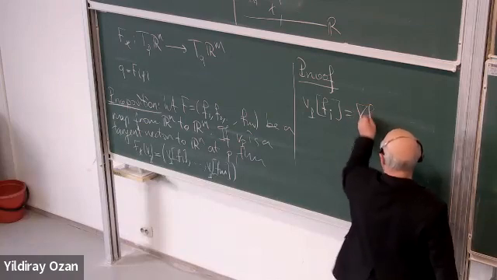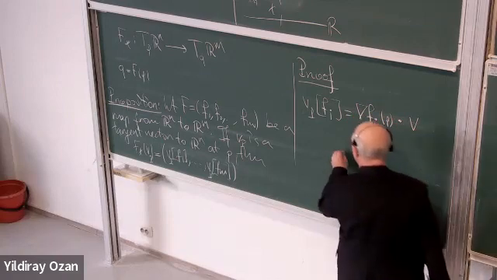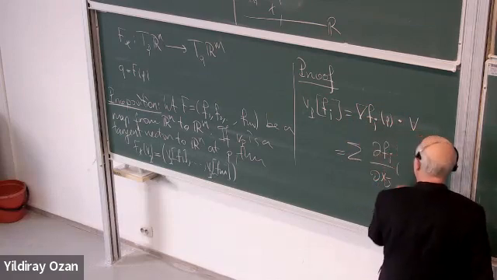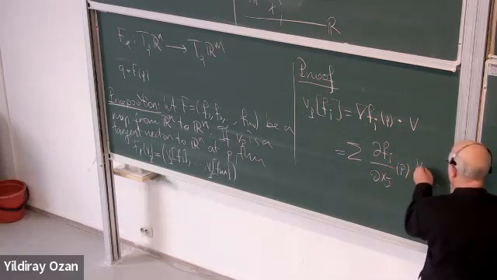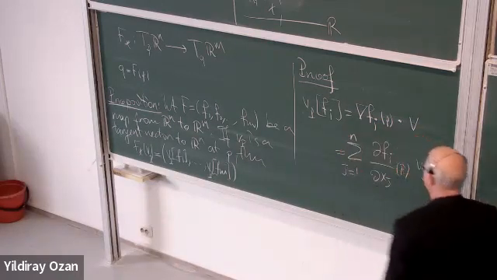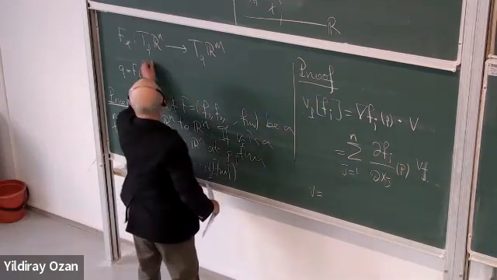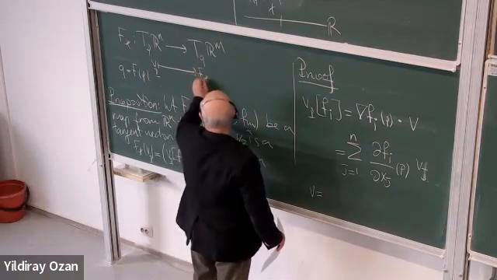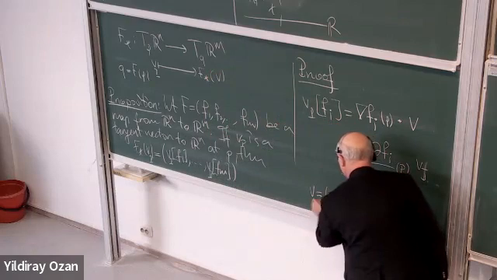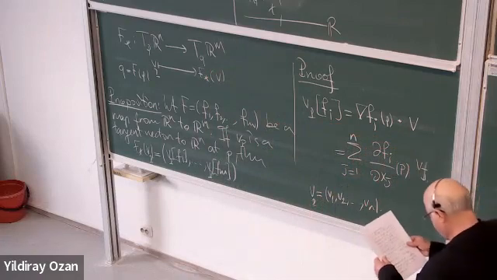This can be computed as follows: take this function, take its derivatives, compute them at the point P, and multiply with vj, sum over j from 1 up to n. v is a tangent vector to Rn, so it has coordinates v1, v2, up to vn, and is sent to a tangent vector at Q. So that is the statement.